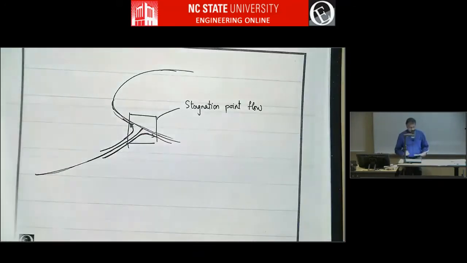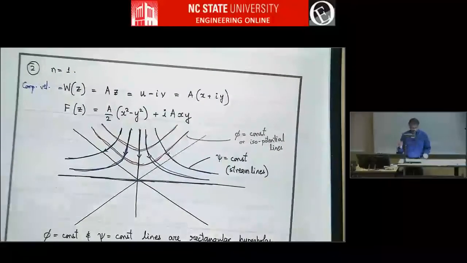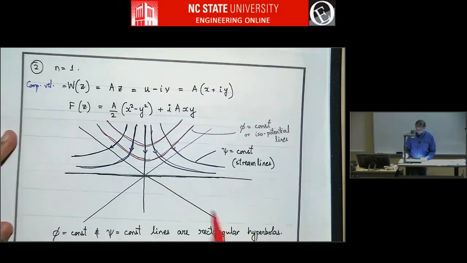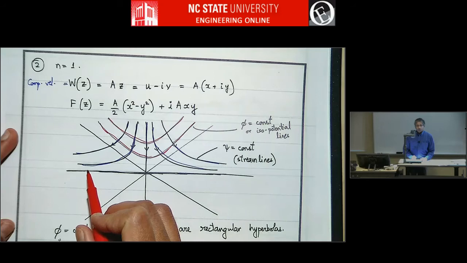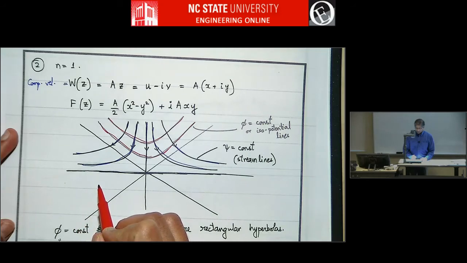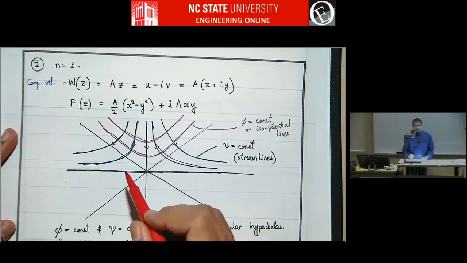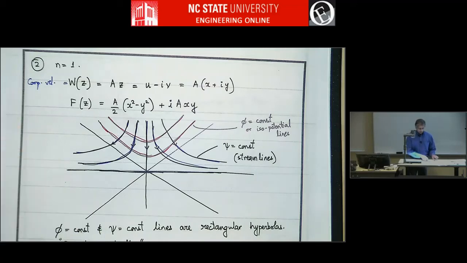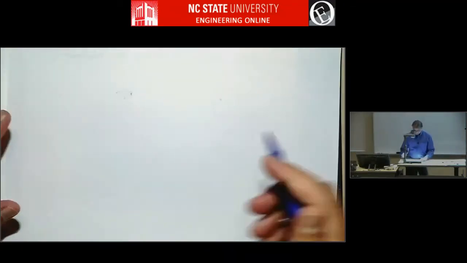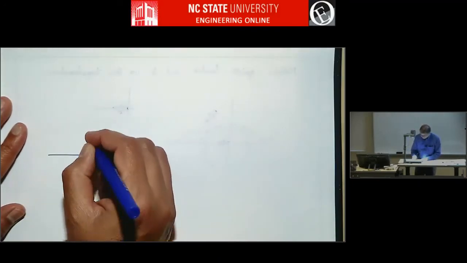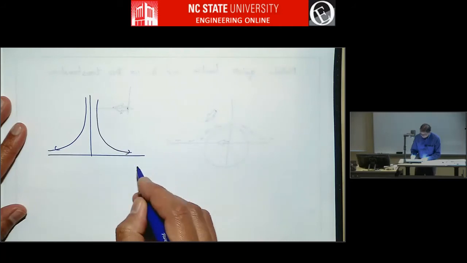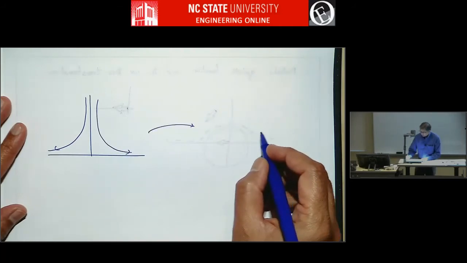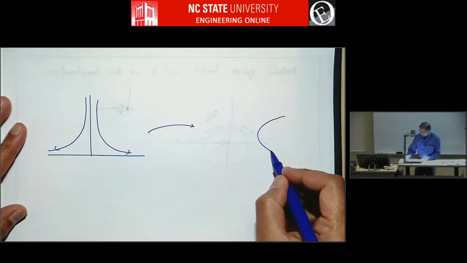So my recent PhD graduate, Aditya Saini, actually uses this mapping. He transforms this mapping, and others have done it too. So this is the flow. If you transform it using some function, you can get flow past a parabola.